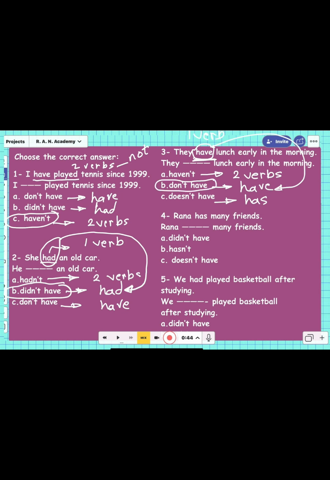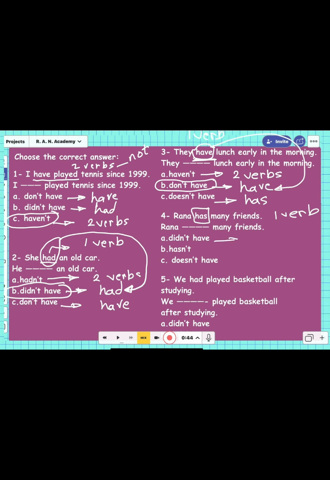Let's see number four. Rana has many friends. So, how many verbs do I have? I have only one, has. Very good. So here has is the main verb. Let's see the choices.